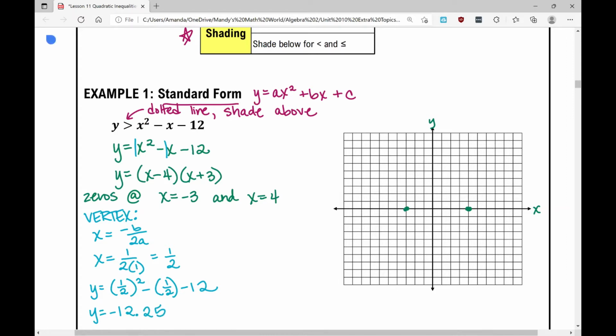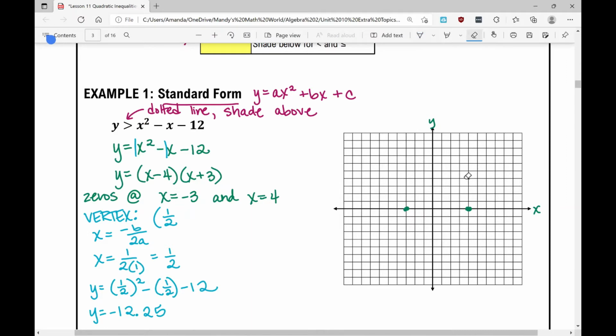Okay, 1/2 squared, that's 1/4, minus 1/2 minus 12 is negative 12.25, or 12 and 1/4. So I know my vertex is 1/2, or you know what, let's just write it as decimals, let's do 0.5 and negative 12.25. So that's going to look like this.